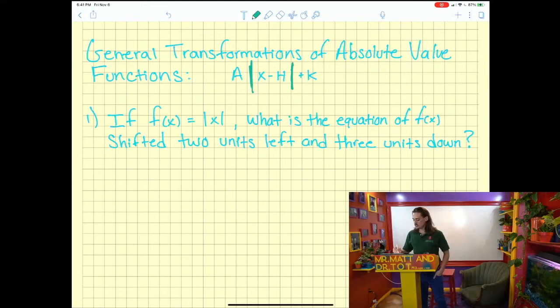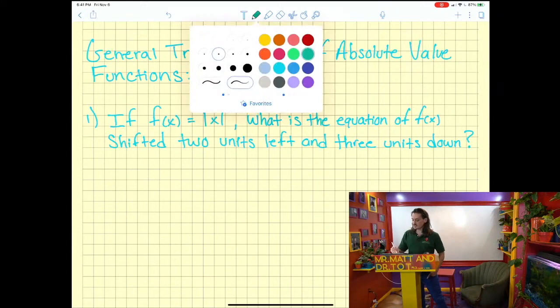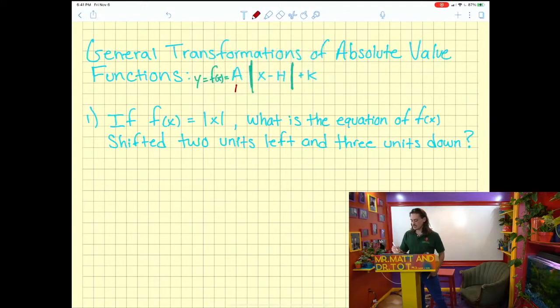Now what you need to know is that this whole expression is equal to y, by the way. We could say f of x or y, and it is equal to a times the absolute value of x minus h, quantity, plus k. We'll get much more into this in more detail later.